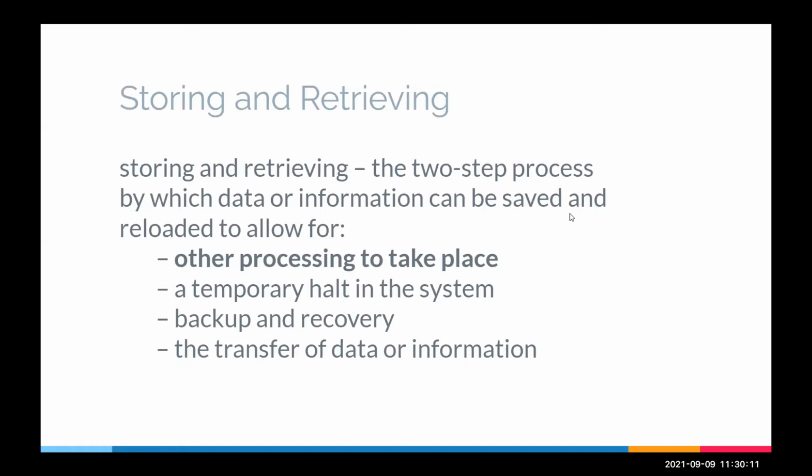Okay, the easiest thing to write on is other processing to take place. Try not to do the other three. I'll explain to you why you should be focusing on other processing to take place. Okay, it's an exam answering technique.